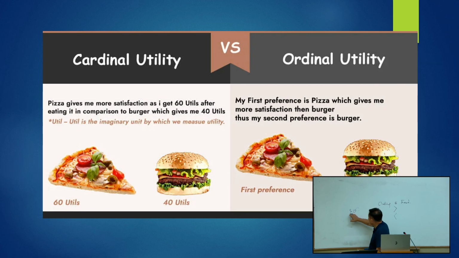This is 5 utility, 5 utility. Comparing that is cardinal utility. But ordinal utility is which one do you like the most? First, second, third. This is cardinal, ordinal. So 1, 2, 3, 4 is cardinal.